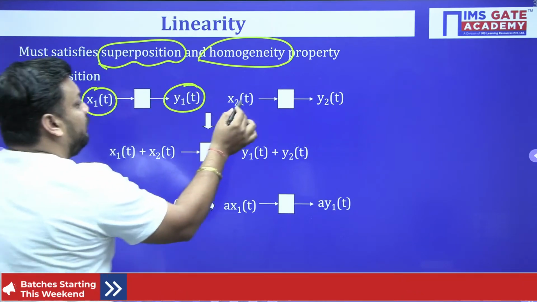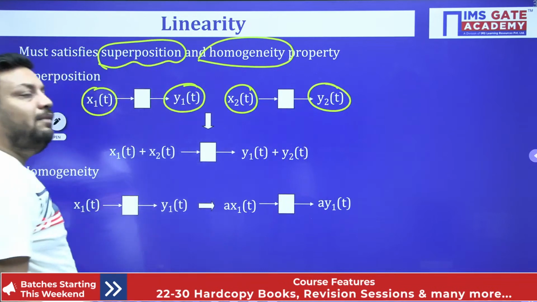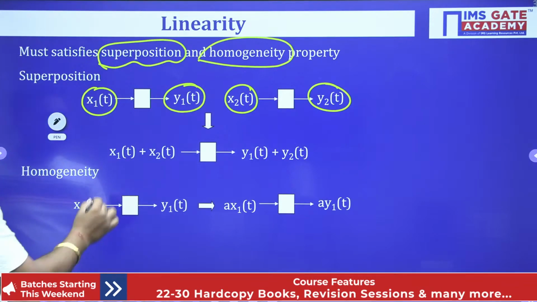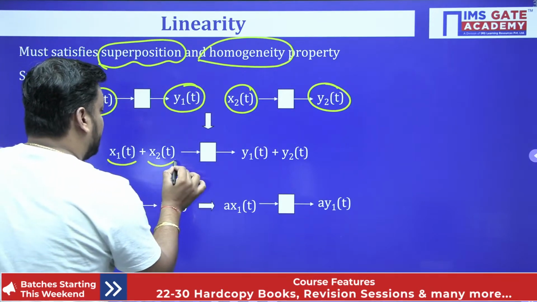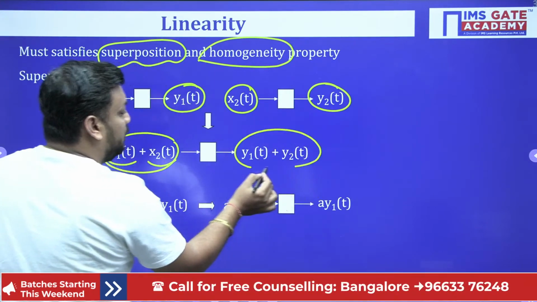If the input is x2(t), the output is y2(t). If I add both the inputs x1(t) and x2(t), then the output that I get is y1(t) plus y2(t).